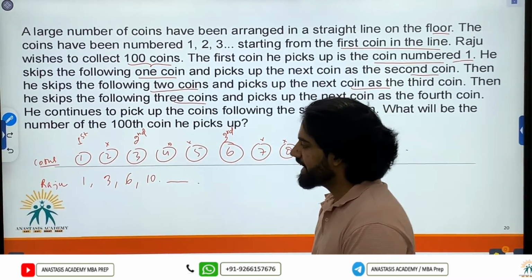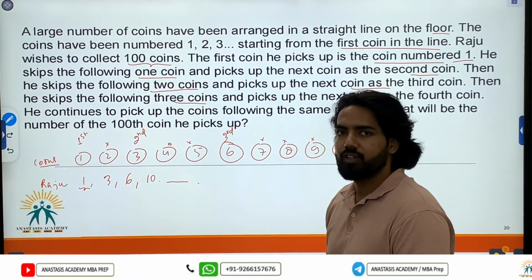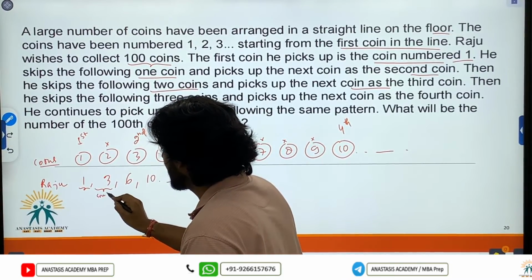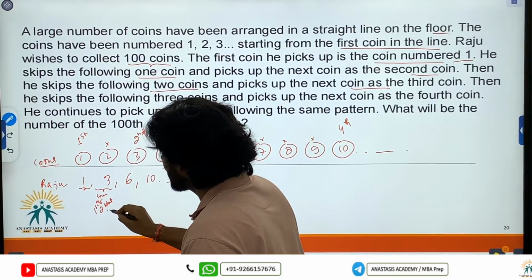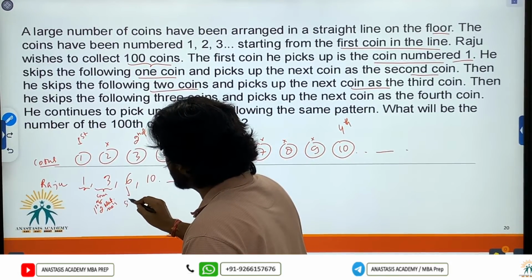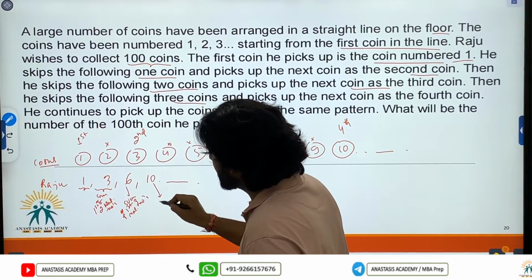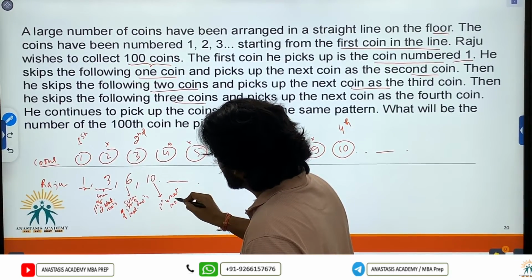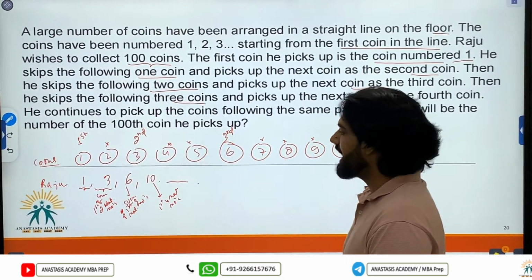For example, this is the sum of the first 1 natural number. This is the sum of the first 2 natural numbers. This is the sum of the first 3 natural numbers. And similarly, this will be the sum of the first 4 natural numbers, and so on.